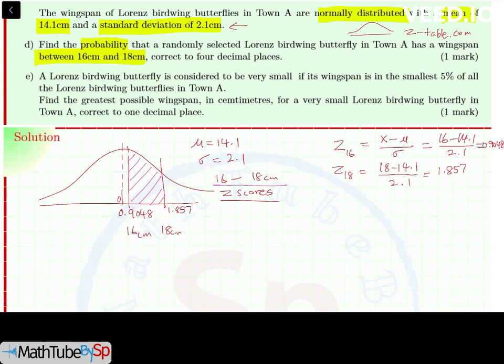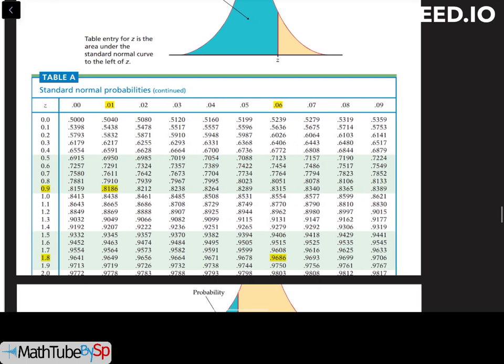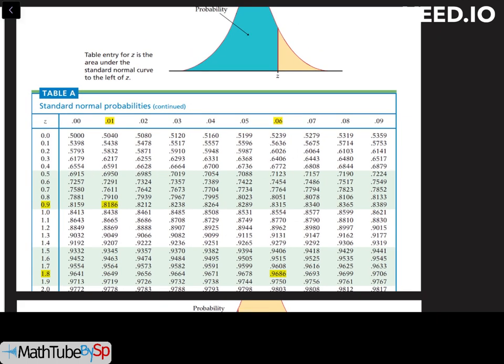So we refer to the Z score table and find the probabilities. Now we want 0.9048, so we are going to refer to that as 0.91, since we have two decimal accuracy. For 0.91, the area on this side is 0.8186.